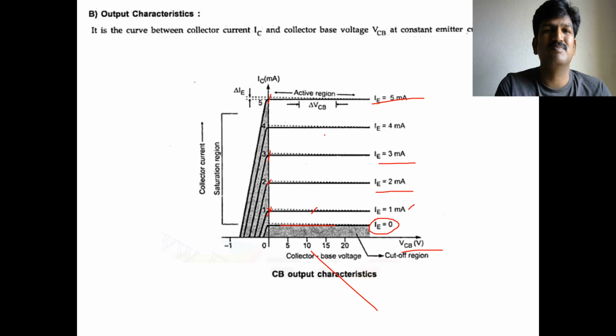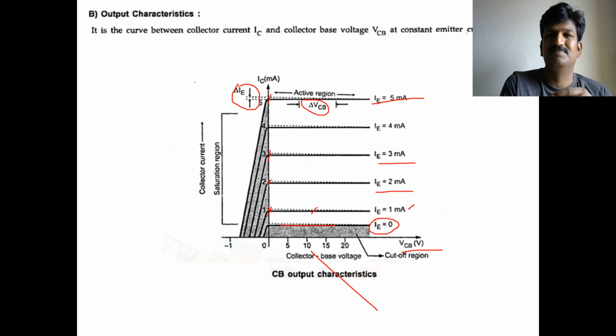It is very small. Just see here the change of the VCB and the change of the emitter current. A wider change of the VCB has an impact on only a smaller change in the emitter current.